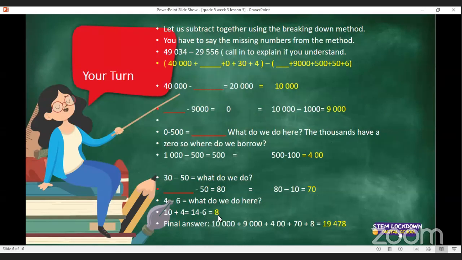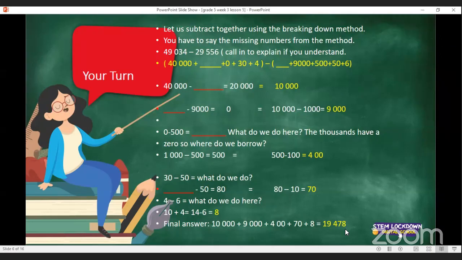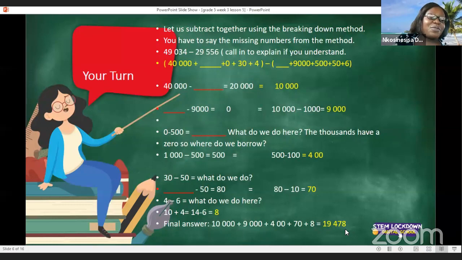Well done. And then when we are done, we take all the answers that were left here. So 10,000 plus 9,000 plus 400 plus 70 plus 8. You see that it gives us 19,478. Yes. Well done. I'm so proud of you for paying attention.